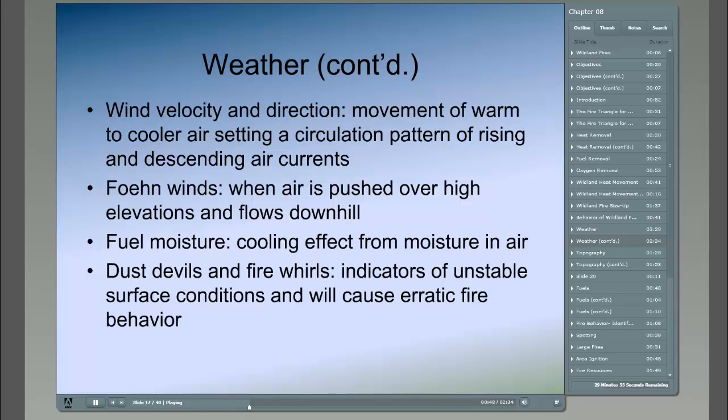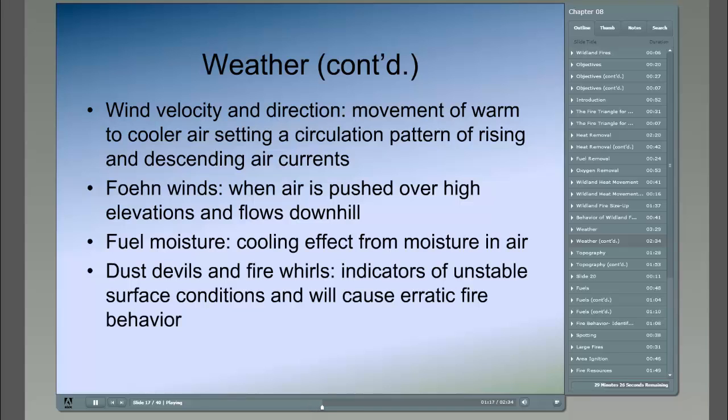Foehn winds are gravity winds, which occur when air is pushed over high elevations and then flows downhill. Gravity winds also occur when a high-pressure system is located near mountain ranges, where the airflow around the high-pressure system causes some of the air to spill over to higher elevations, resulting in a strong wind moving downhill at high speed.